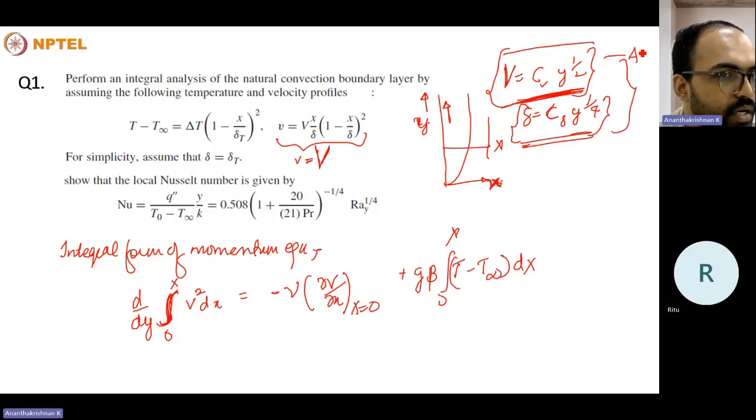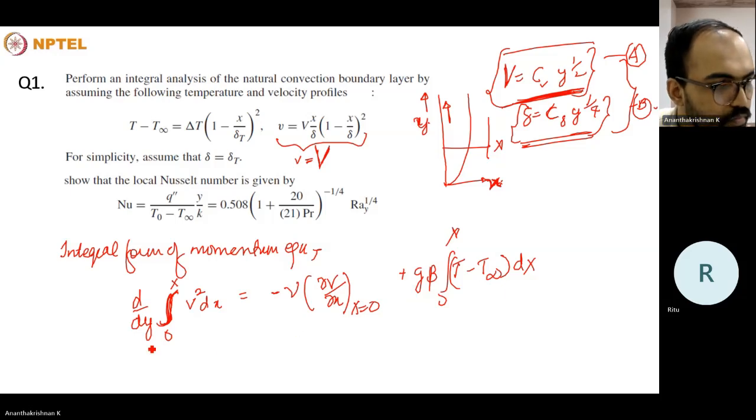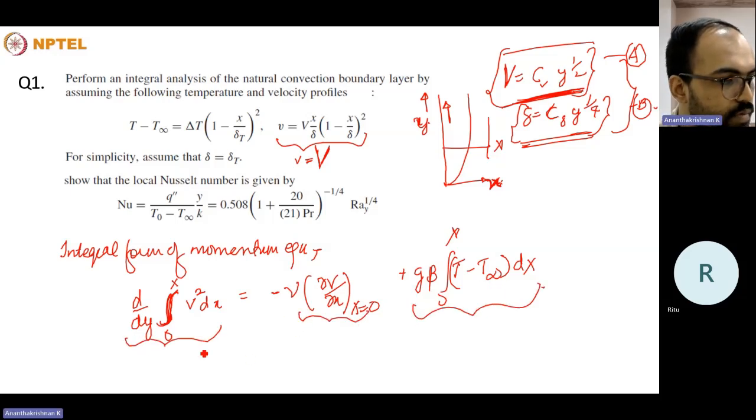So they can be denoted as A and B. This equation actually has three parts. This is the viscosity part, this is the inertia part, and this is the buoyancy related part.